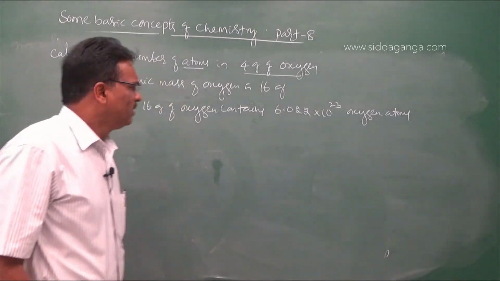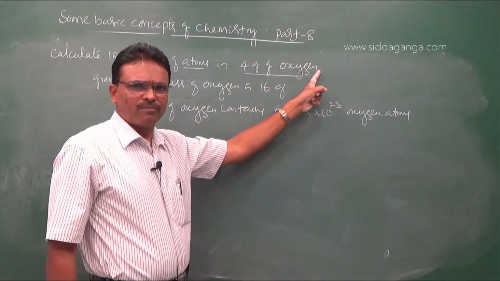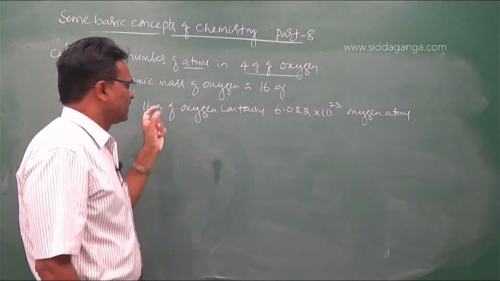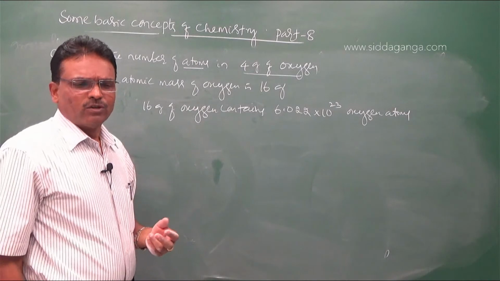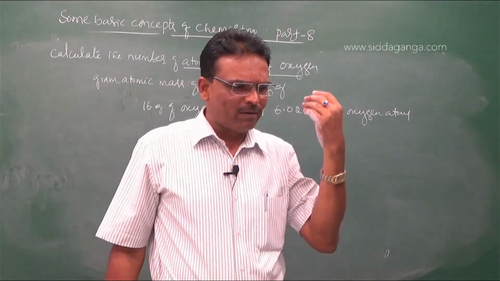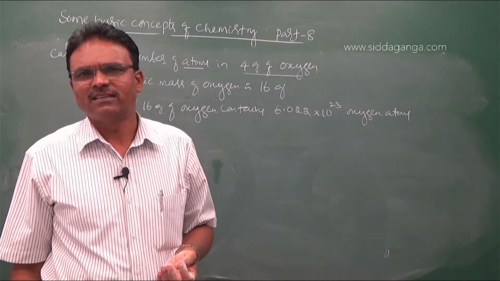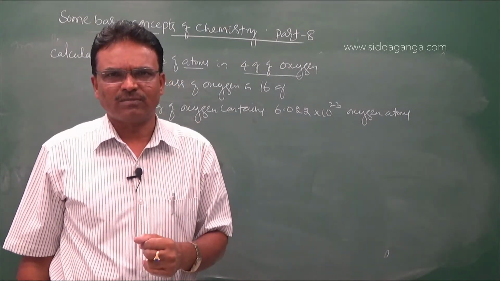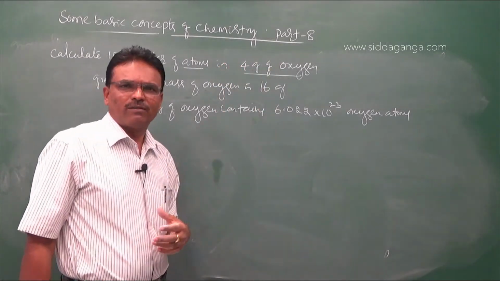Clear? The element given is oxygen. Its atomic mass is 16. Gram atomic mass is 16 gram. So we know that in general, the gram atomic mass of all the elements contains Avogadro number of atoms. So how many atoms are there in 4 gram of oxygen?